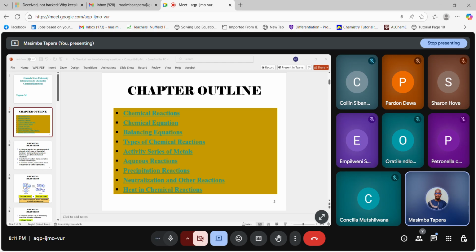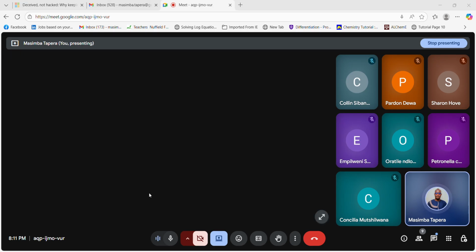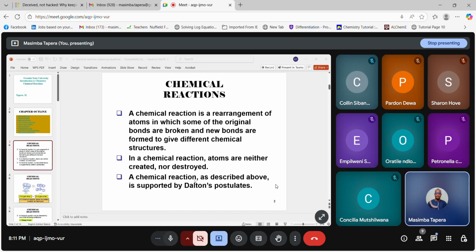So let's move on to introduce the aspect of a chemical equation. I think we have been seeing chemical equations during our previous discussions, and from what we have been seeing, a chemical reaction occurs when there is rearrangement of atoms, and there is bond breaking, and at the same time there is bond formation.